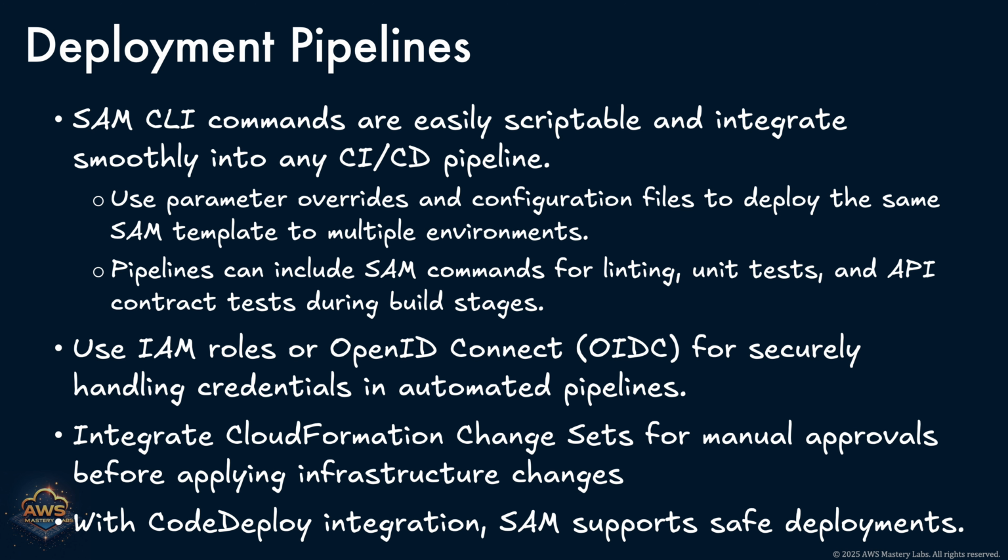And when integrated with AWS CodeDeploy, SAM enables advanced deployment strategies like canary or linear rollouts with automatic rollback if errors are detected. Lastly, SAM's build process outputs useful artifacts, package templates, deployment bundles, and logs, which can be archived or promoted across environments as part of your release management strategy.